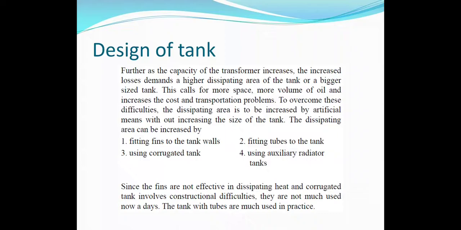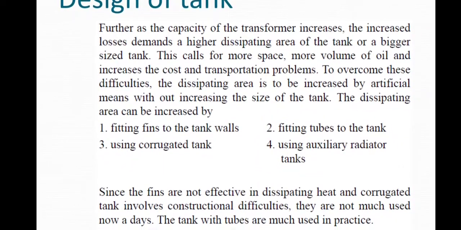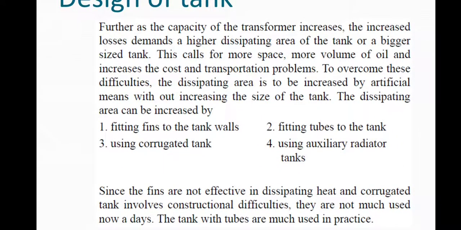So in order to reduce these issues, we have to use smaller transformers, but we have to increase the dissipating area also. By that we can reduce the temperature rise within the limit. This is achieved by these four ways. First one is fitting fins to the tank walls. Second one is fitting tubes to the tank.